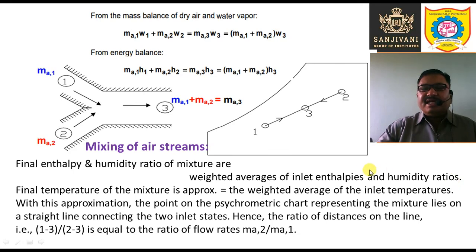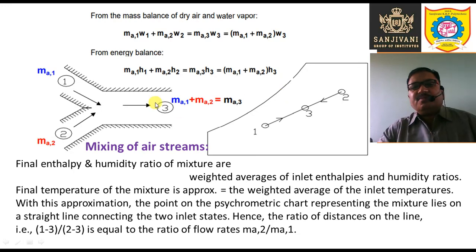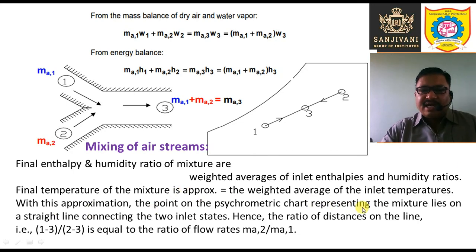So these equations tell us that the enthalpy and humidity ratio of the mixture are weighted averages of the inlet enthalpies and humidity ratios. Now the final temperature of the mixture is approximately equal to the weighted average of the inlet temperatures. So for finding the temperature, we also have the weighted average, not the ordinary average. We have to take the weighted average because it depends upon the masses of the air in stream 1 and stream 2, right?